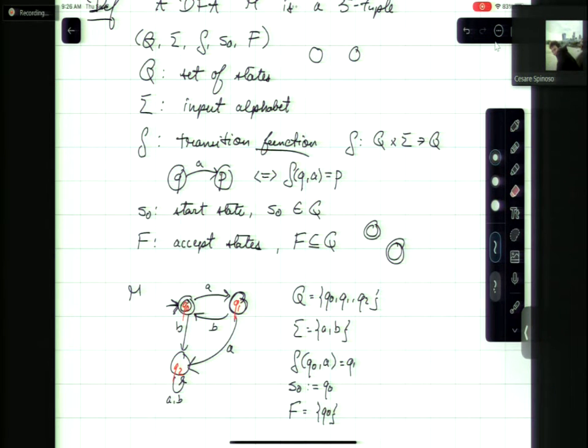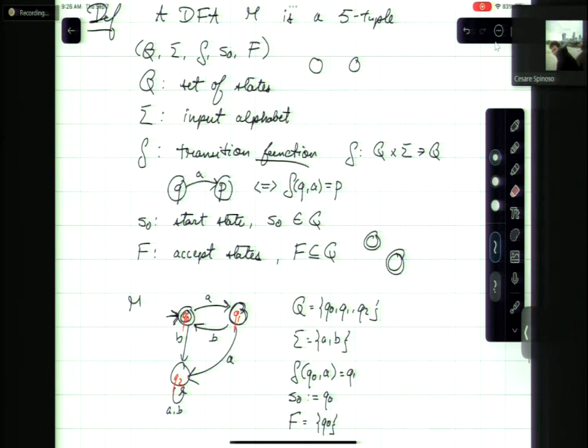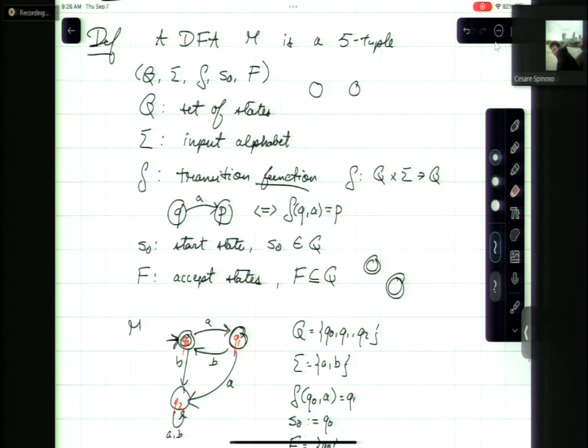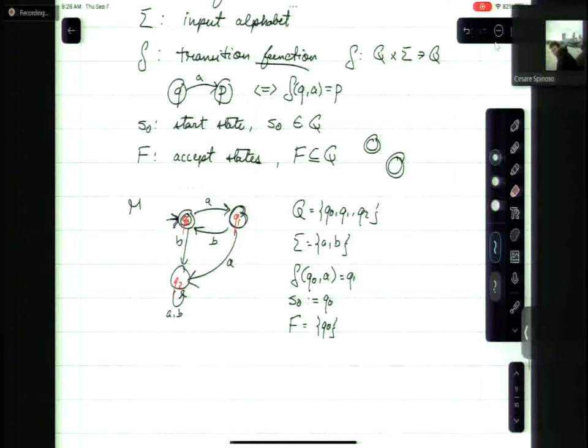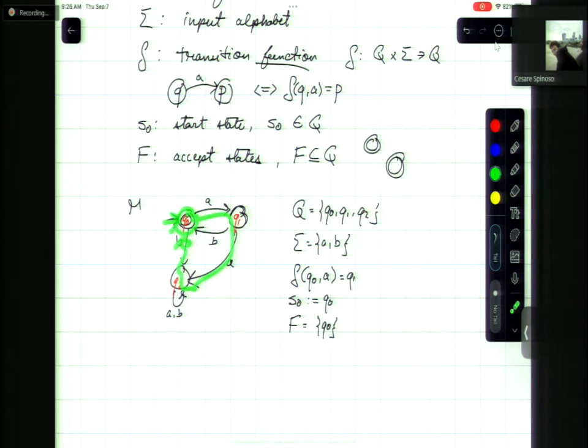Okay. Good? All right. So that's the formal definition of a DFA. The other thing I need to show you is the formal definition of how you can accept a string. Because so far, intuitively, what we've been saying is you accept a string if you start at the start state, and then you can somehow get back to an accept state. In this case, the only accept state was this guy.